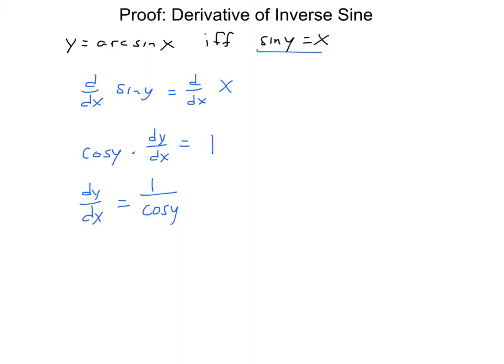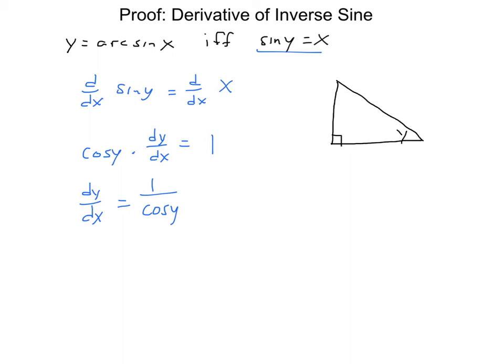And what you may remember from last year is that when we dealt with this type of thing, we could set up a triangle. Again, we're going to come back to this part here. We know the sine of y is equal to x. So I'm going to set up a right triangle here, and there's y.